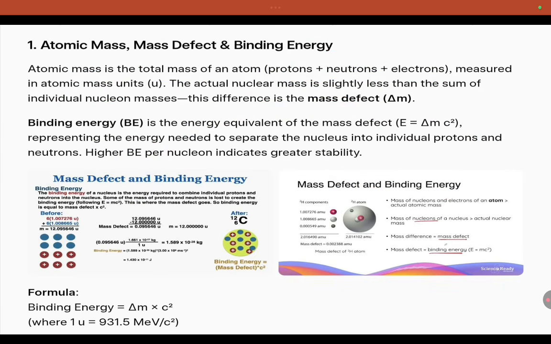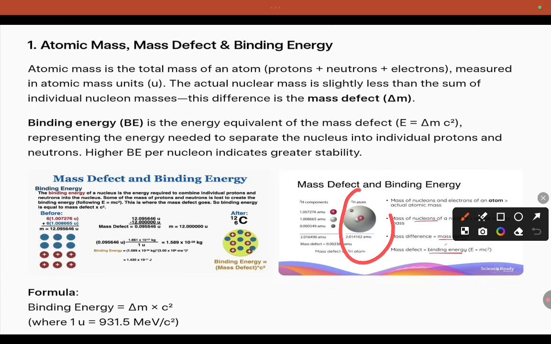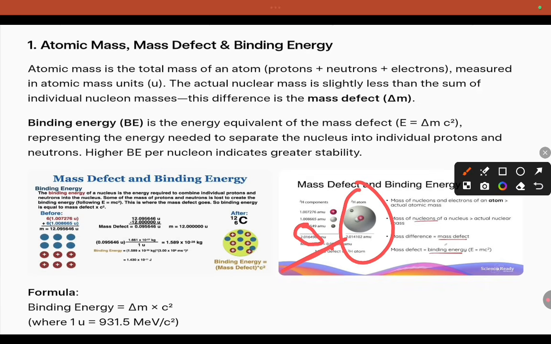Here we have one example also given to you. This is the actual mass of the hydrogen, 2.014. Here 2.016. So this difference we call mass defect. If you multiply mass defect with c square, that is called binding energy.